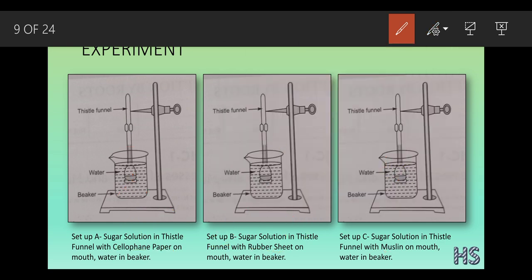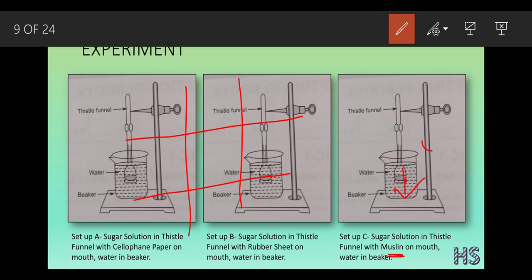Because see, this is a cloth, right? If you notice, the pores in the muslin are quite big. So what is going to happen? The solution inside the thistle funnel moves into the beaker, like this.